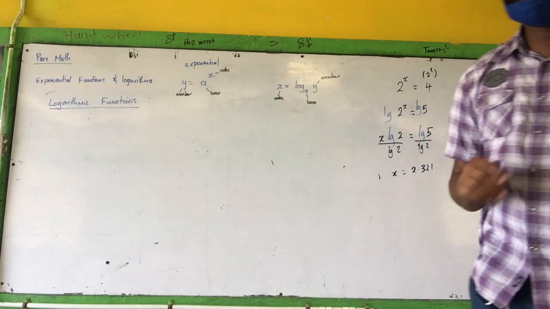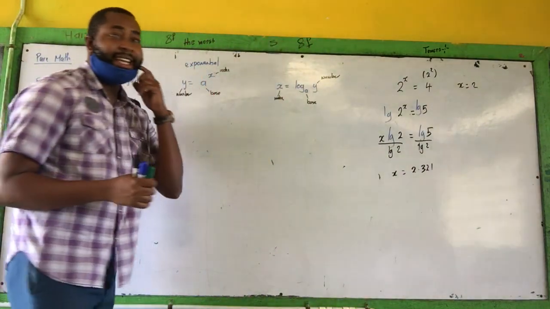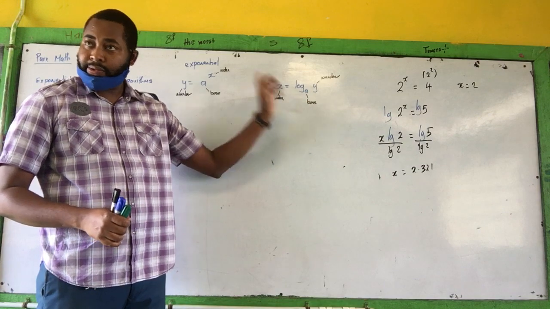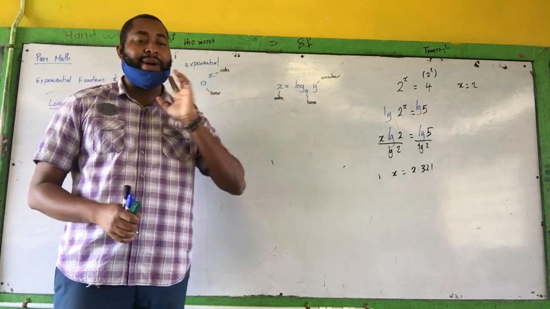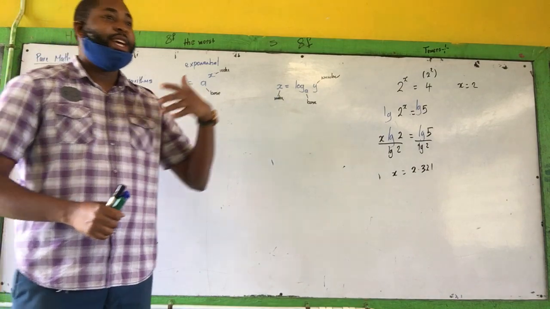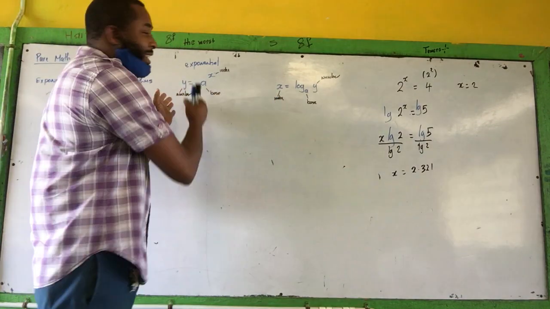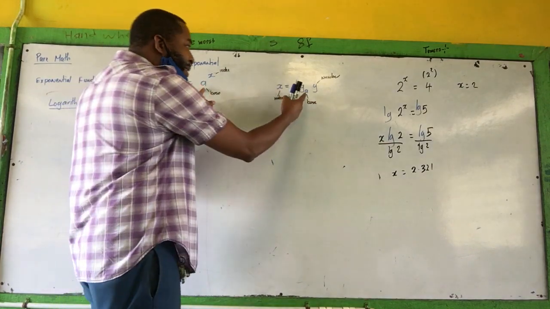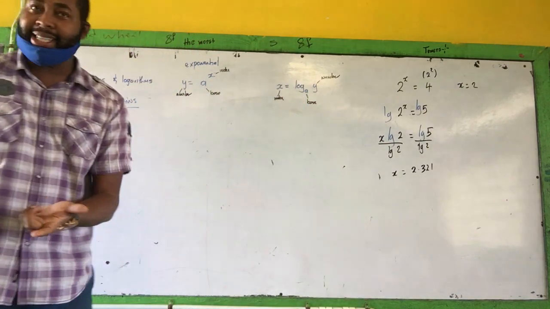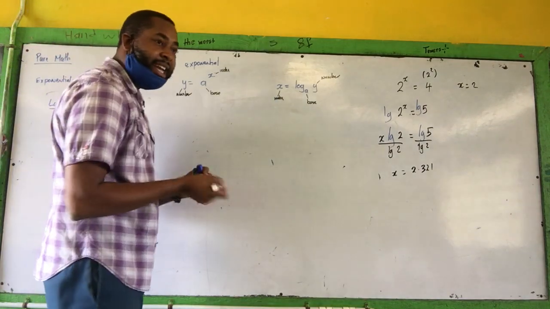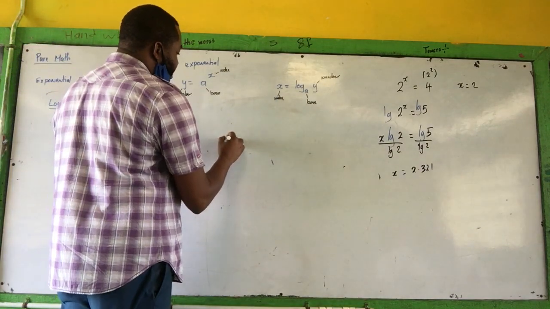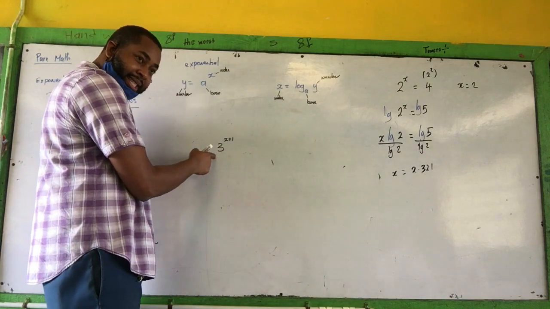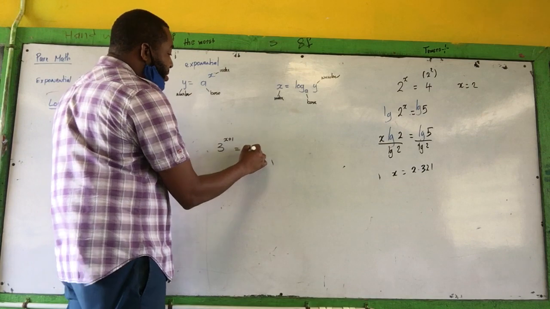Now, here's how I want you to connect it. You always write log to a base, and this is where you sometimes have trouble. You don't know how to write it from this form into the log form. But if you notice, the base is always the base. So you're writing a number in index form, 3 to the x plus 1. This is the base, and this will equal some number y.